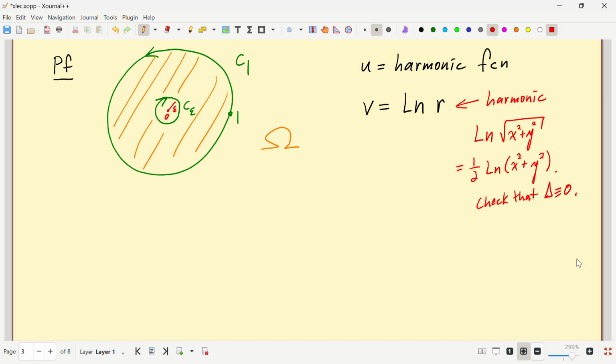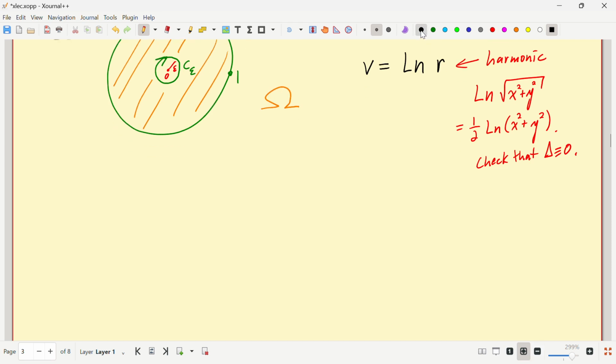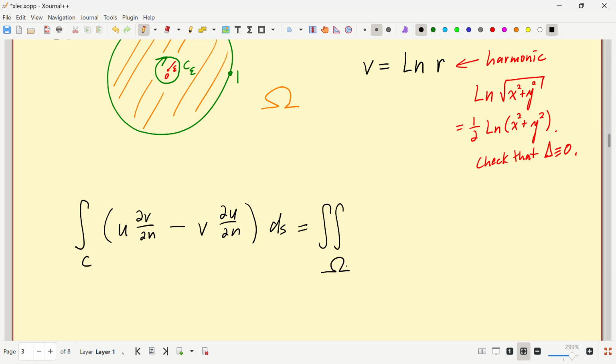So how does it go? It's not going to be difficult at all. We've got Green's second identity, which is the integral of u dv/dn minus v du/dn ds, equals the integral of u Laplacian v minus v Laplacian u. By the way, when I proved Green's theorem for the annulus, I cut it up into four pieces where I had Green's theorem, and that would work here just the same.